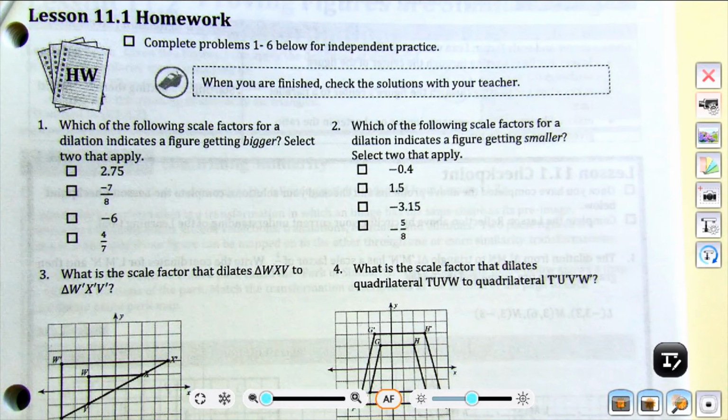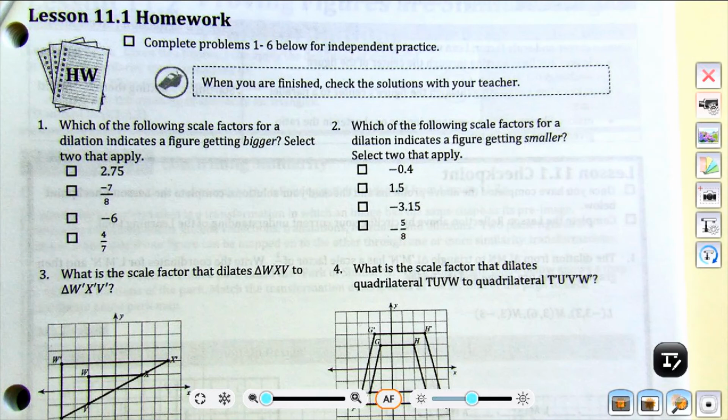So we're going from a bigger image to a smaller image. So we know our scale factor is going to be between 0 and 1. It's going to be a fraction. But now, how do we get from 4 to 1 using multiplication? Well, let me do this on the side here. You know that 4 divided by 4 is equal to 1.